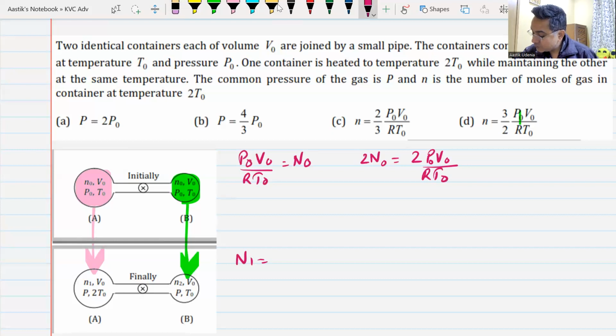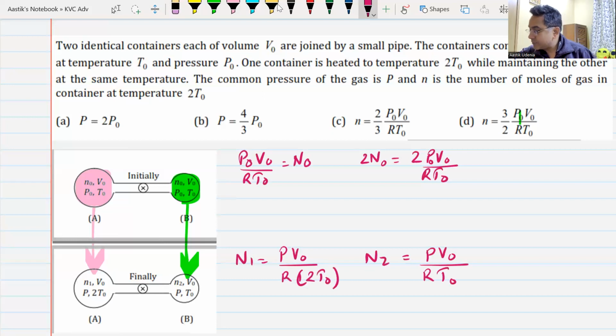N1 will be equal to PV naught by R into 2T naught, and N2 will be equal to PV naught by RT naught. We also know that N1 plus N2 will be equal to 2 times N naught because the number of moles remains constant.